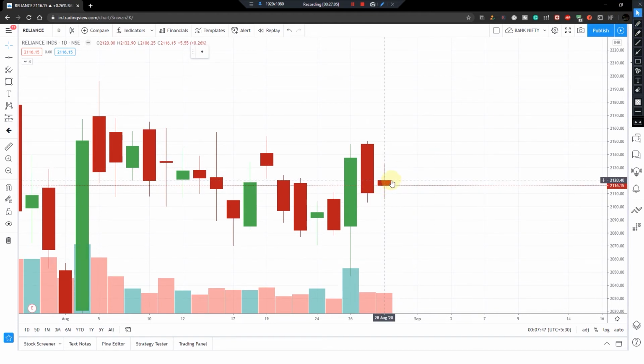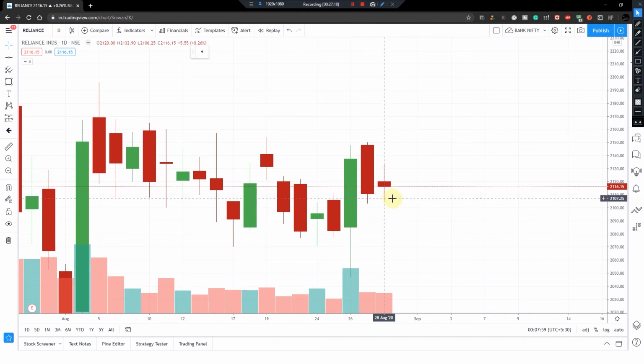Here the price opened at 2120, first went up, then came down till 2107, and closed at almost 2116. So a small difference.